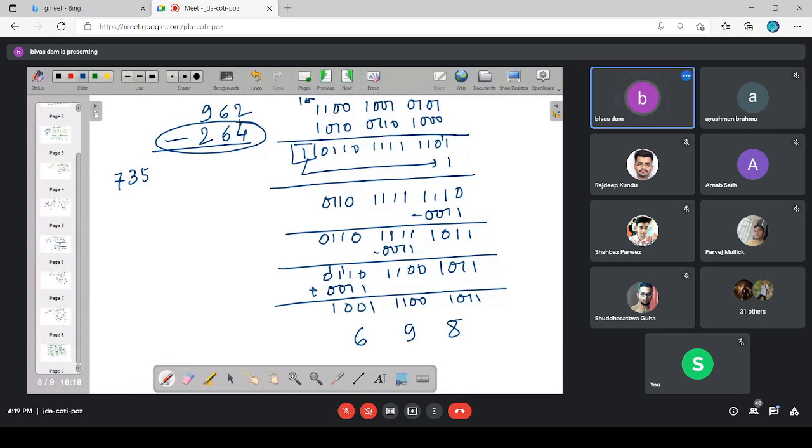Now, when you are asked to go for A minus B, the value of A is 962 and the value of B is 264. So when the data is given as input to the computational system, the BCD pattern of A and the BCD pattern of B are given to you.